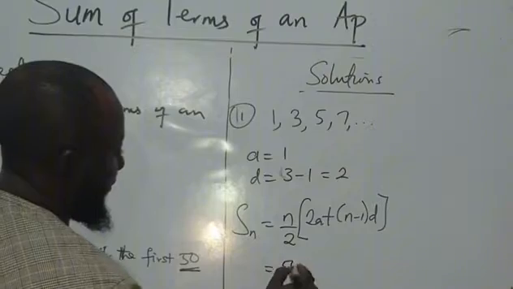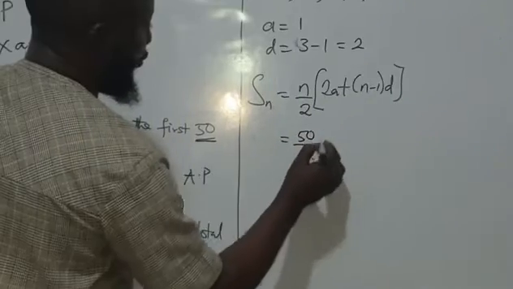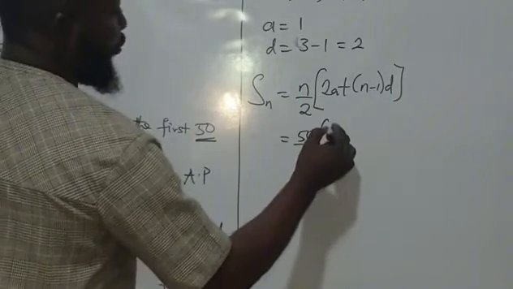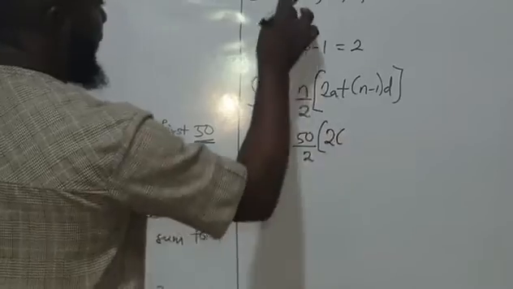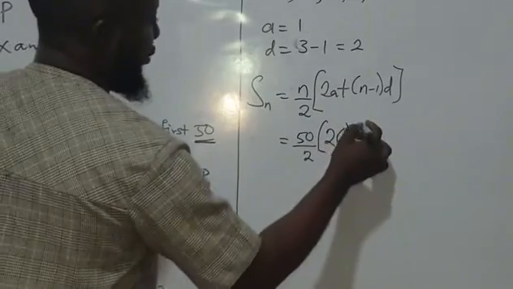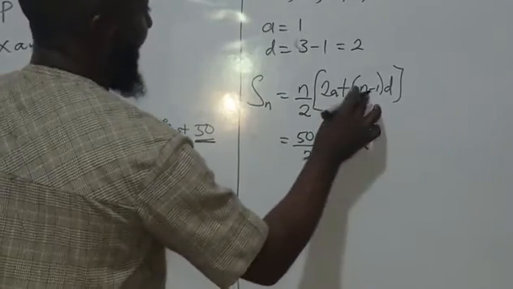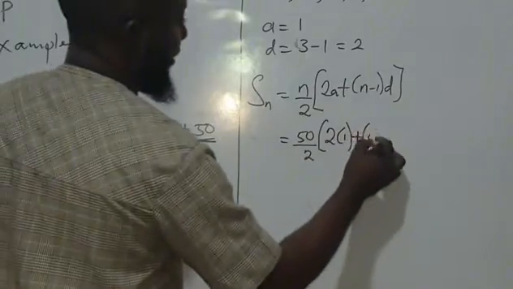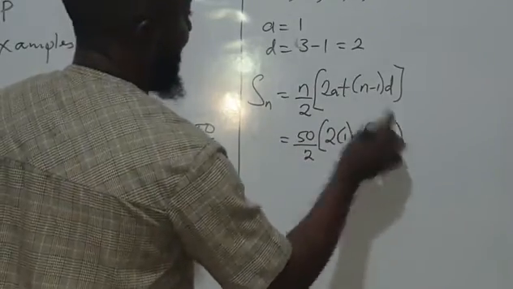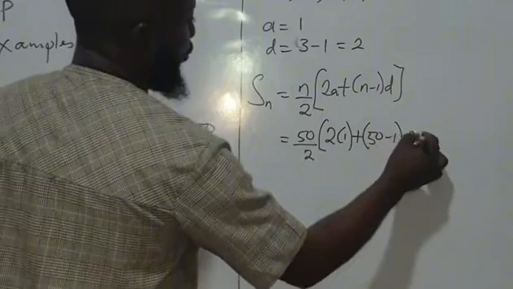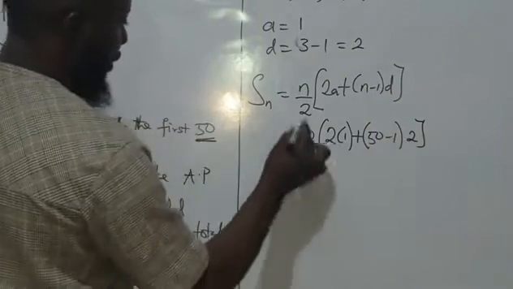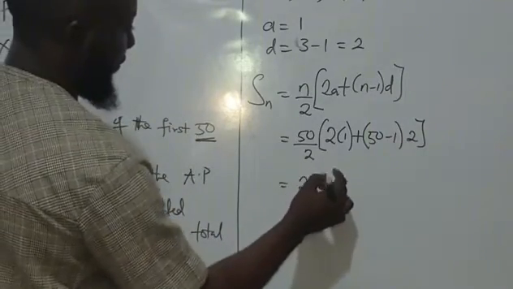That will be 50 divided by 2 into brackets 2 multiplied by the first term, which is 1, plus, into brackets, n is 50 minus 1, what is the d? d is 2, then we close this. So this gives 25, right?